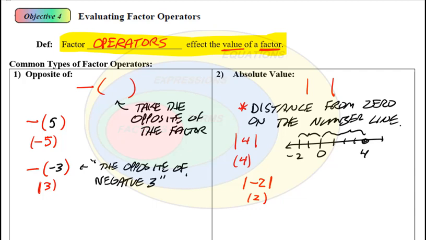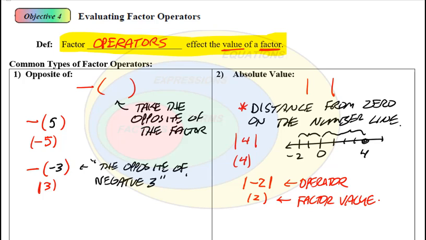So when I talk about we have an operator, it affects the value of the factor. It changes the factor value to what the operator does.